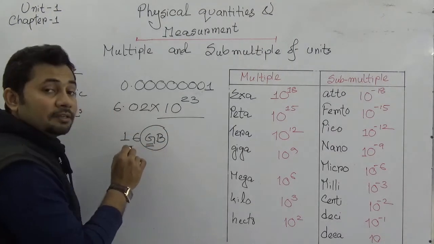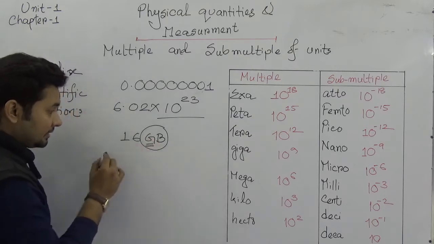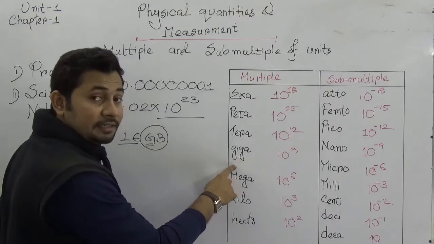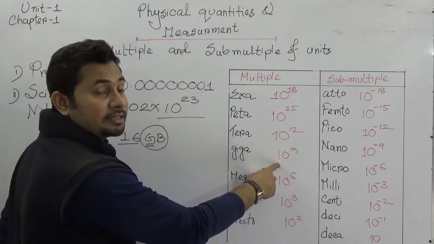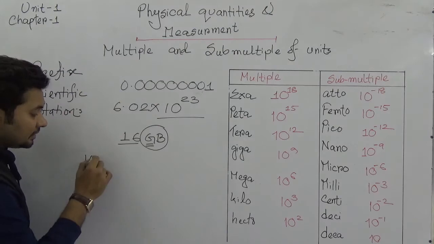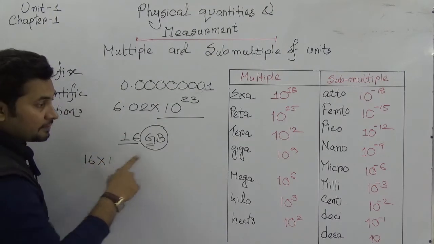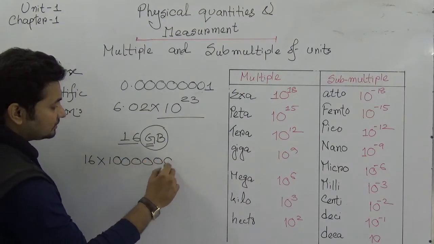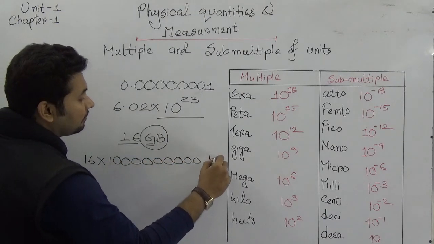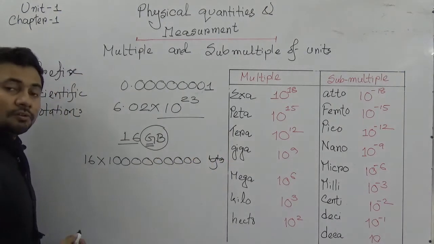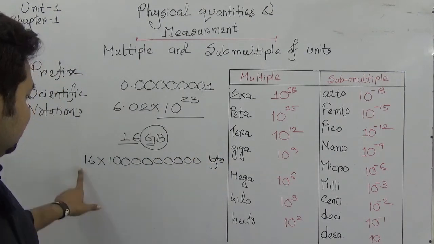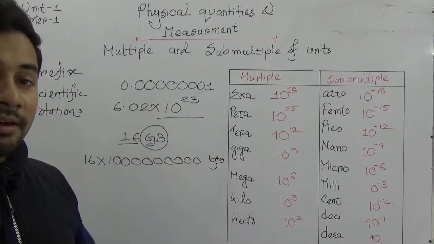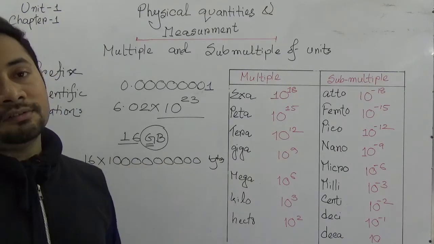That means how many bytes we have in our pen drive is expressed by the word gigabyte. So if we say this is 16 GB, it means 1 gigabyte is 10 to the power 9. That means after 16 we need to include 1 followed by 9 zeros: 1, 2, 3, 4, 5, 6, 7, 8, 9 bytes. If we write these things with 16 and 9 zeros over and over in our script, we may lose track of the zeros.